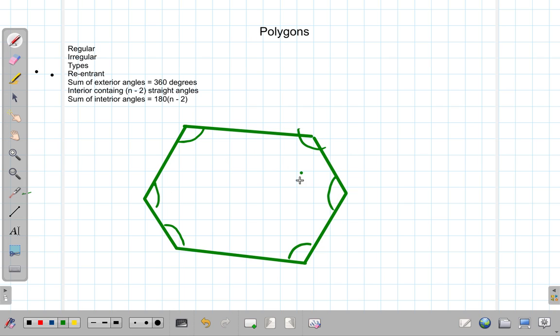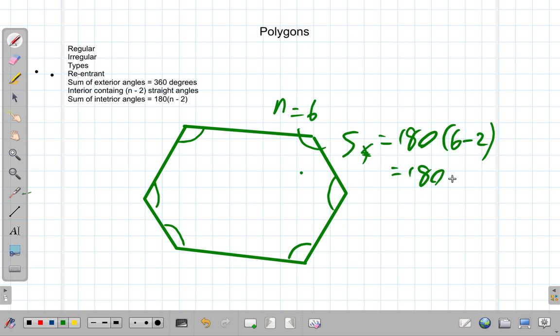What is the sum of all these 6 angles? We know that the number of sides and the number of angles is 6. So the sum of the interior angles is 180 times 6 minus 2. That's 180 by 4.